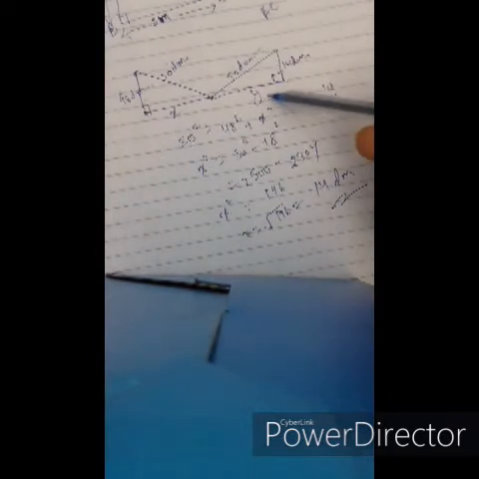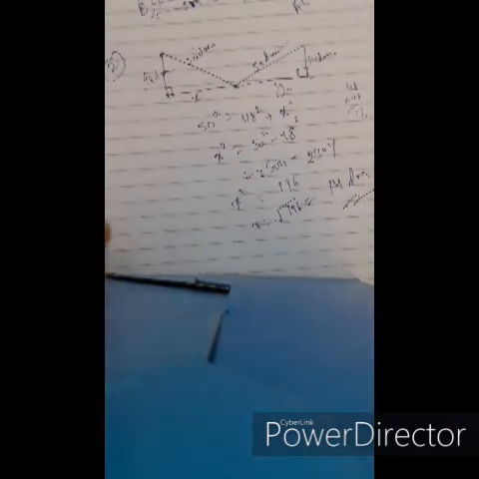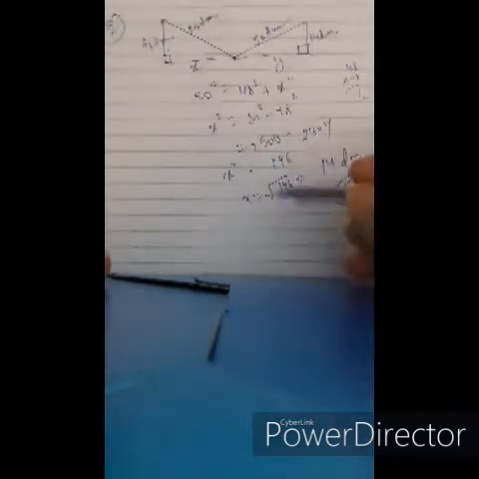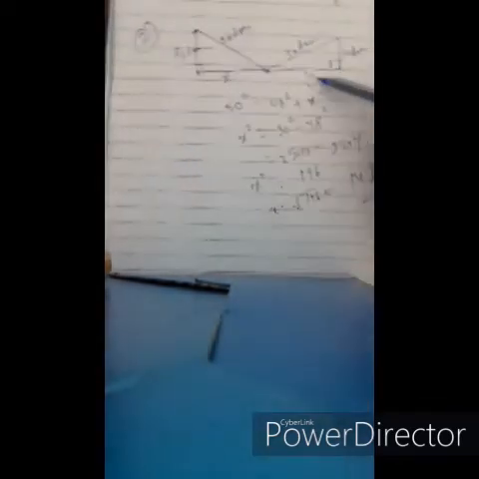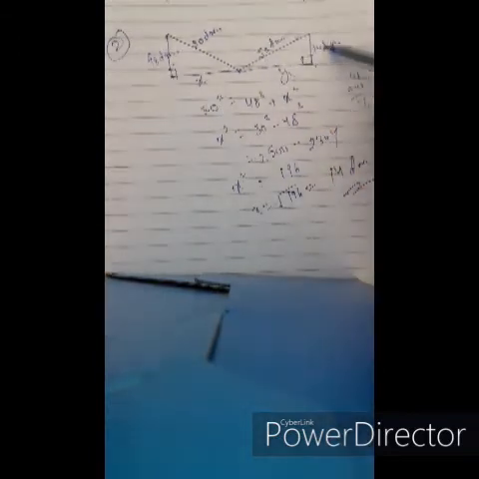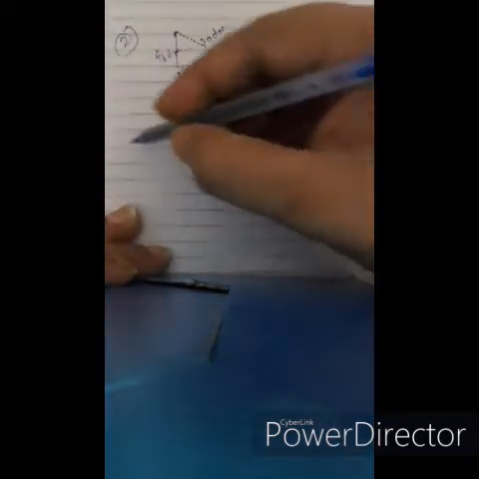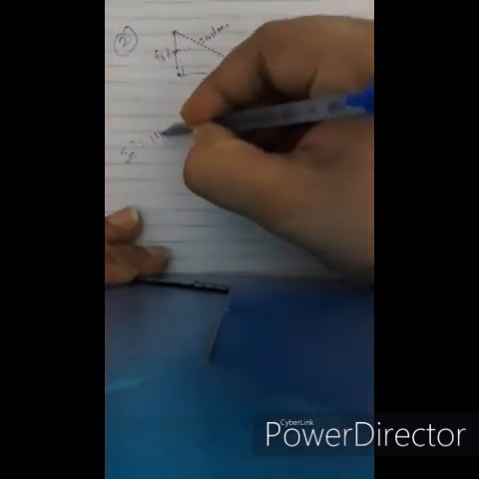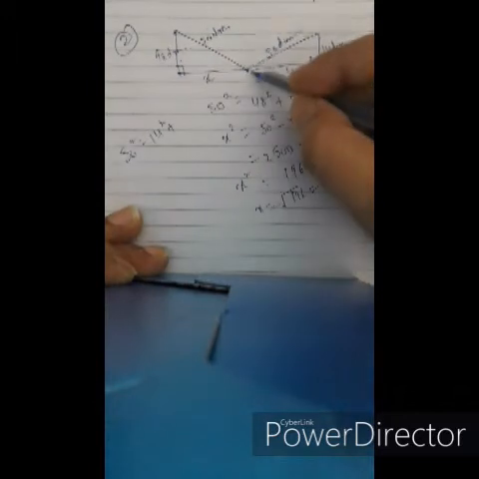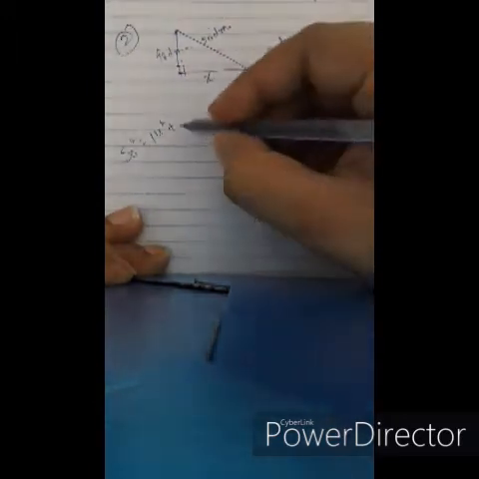Now we will find the value of y, because we need x plus y to find the breadth of the street. So here again we see 50 is the hypotenuse. 50 square equals 14 square plus y square. Hypotenuse square equals perpendicular square plus base square.